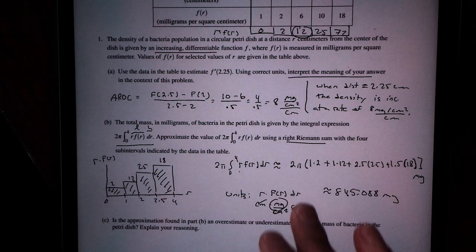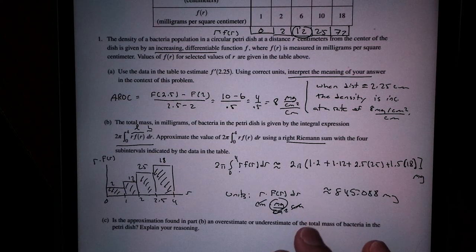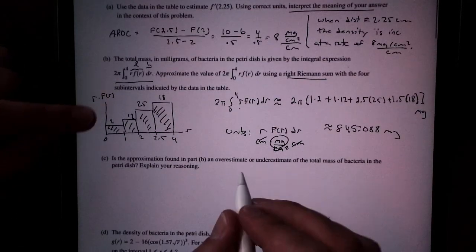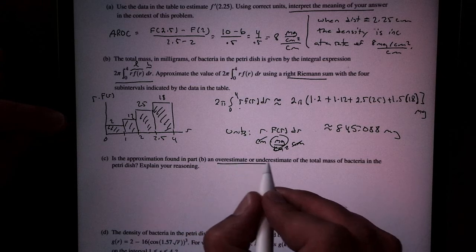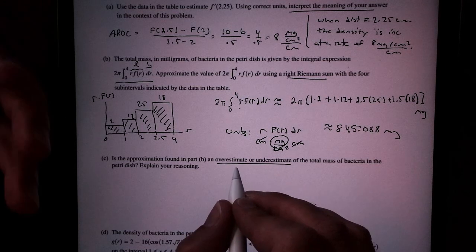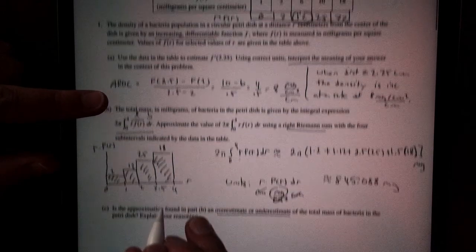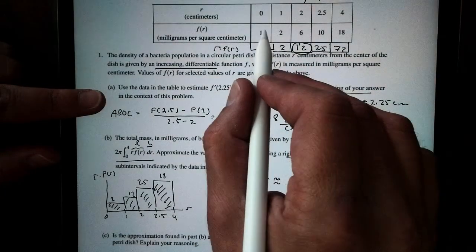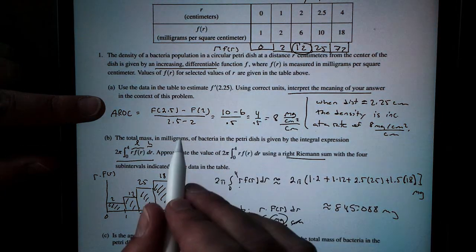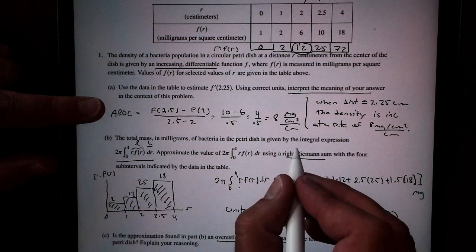All right, part C asks: is our approximation an overestimate or an underestimate? This is mainly about concavity, but we should remember, looking at our function, that it is an increasing function and we're taking a right Riemann sum.